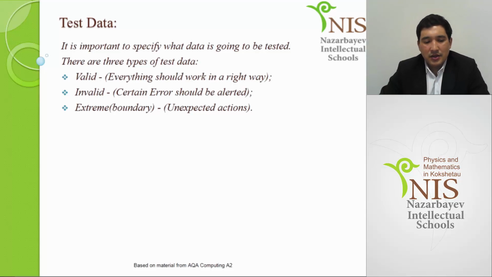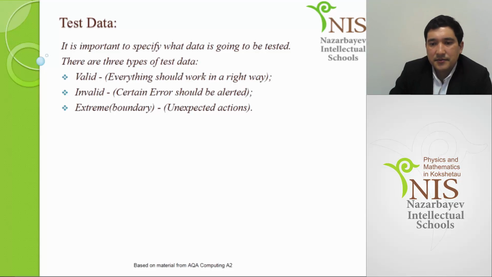For example, for test data valid, invalid, extreme, if you use Boolean variables, you can show results true, false, and only these two values. And another result must be extreme or boundary.